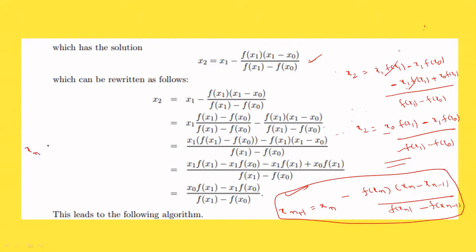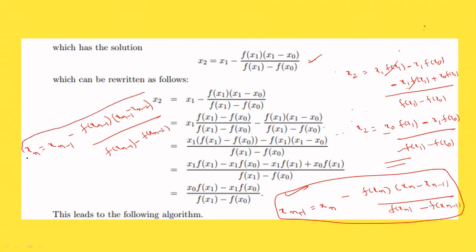xn is equal to x(n-1) minus f(x(n-1)) into (x(n-1) minus x(n-2)) by (f(x(n-1)) minus f(x(n-2))). Like that also you can write. Any iteration formula is your wish.